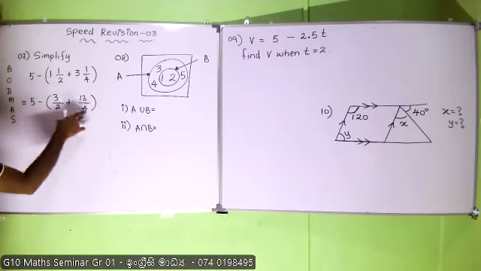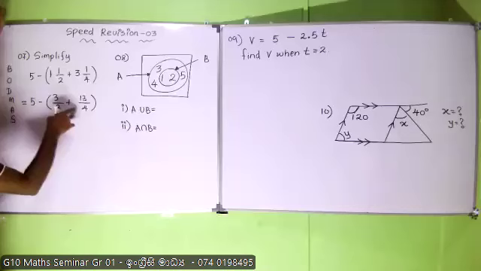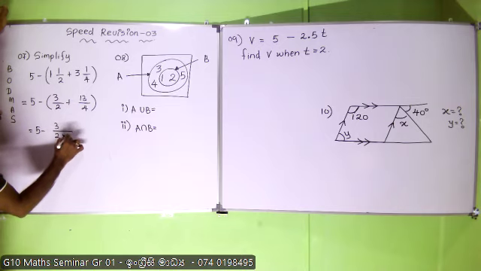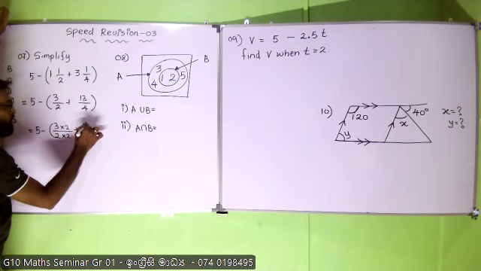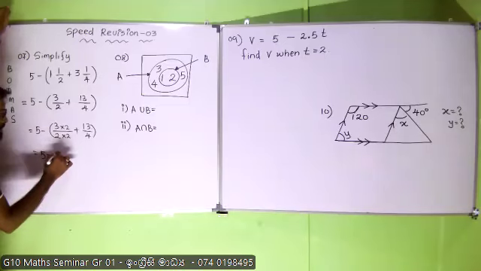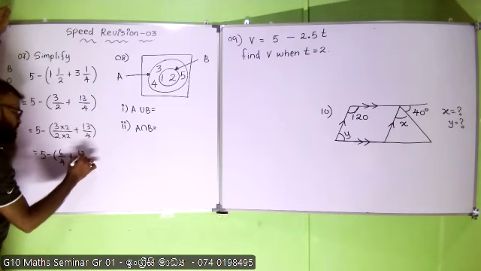Here you have 2 and 4 as different denominators, so take the LCM. The LCM would be 4, so that 2 needs to be converted into 4. For 3 upon 2, multiply both numerator and denominator by 2 so that you can obtain 4 in the denominator. 5 minus 2 times 3 is 6, 2 times 2 is 4, plus 13 upon 4.